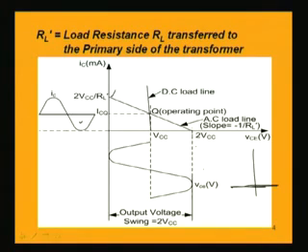Now, with this knowledge of the load line analysis, we can proceed to find the output AC power. We know that the AC power is the voltage and current multiplied, but that voltage and current are the RMS voltage and RMS current.